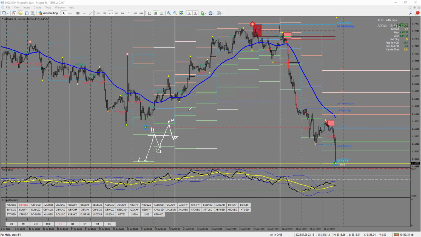A higher high. And you can assume this is your higher low. What should come next after a higher low? You can assume that the market is going to make a higher high or come back to this same level as this high. But either way, this is your trade setup.